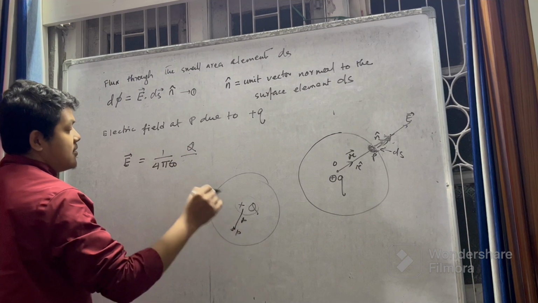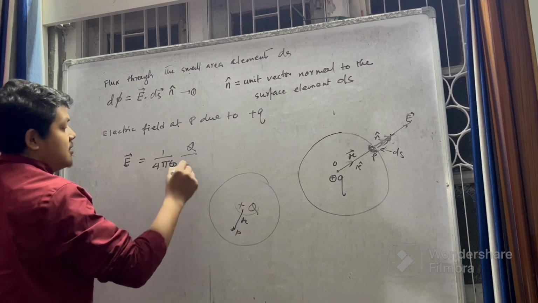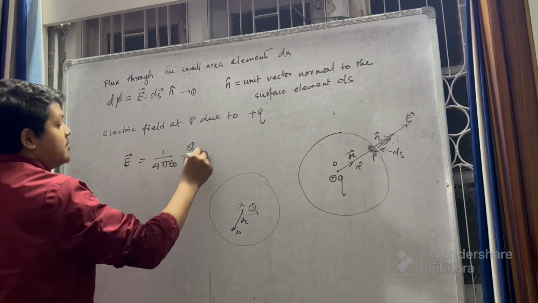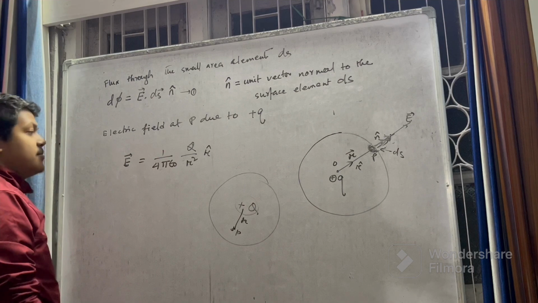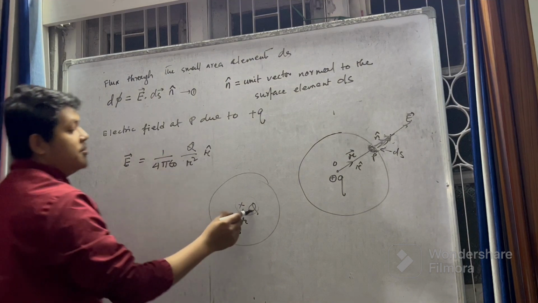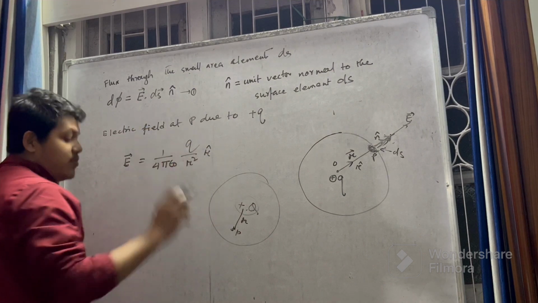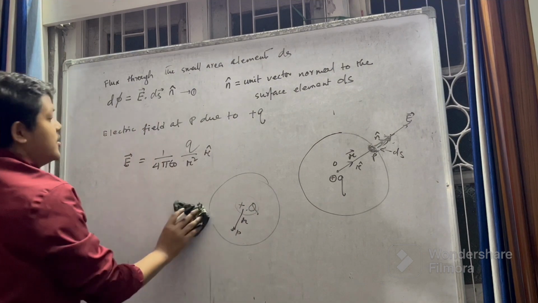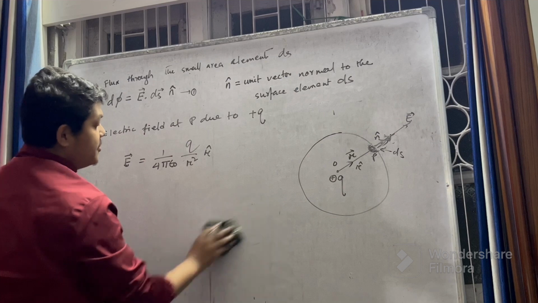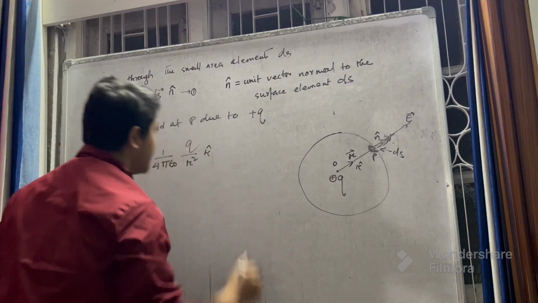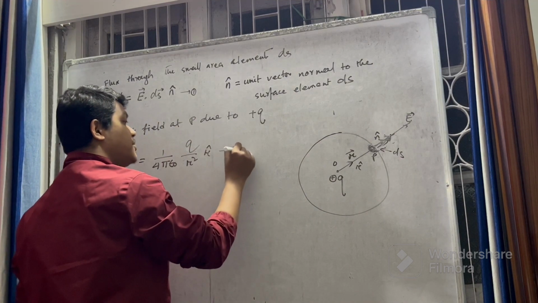Now we have small q here, so we will replace this capital Q by small q. This is suppose equation number 2.